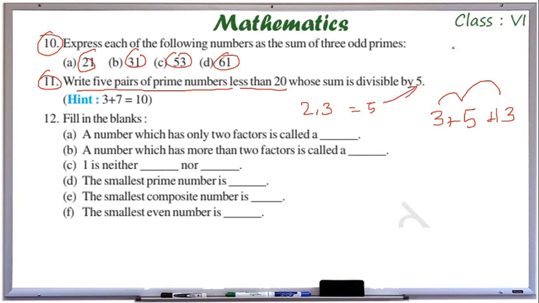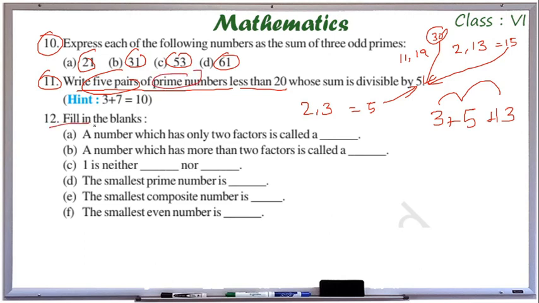And 2 and 13 is equal to 15 and the sum is divisible by 5. So I have to take two prime numbers. Like that I have to take 5 pairs. For example, 11 and 19. The answer is 30. So 30 is divisible by 5. Like that you have to find 5 pairs, and each number should be prime.